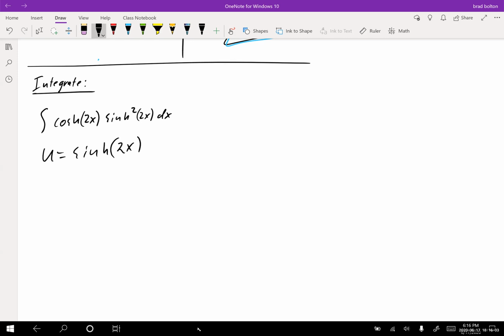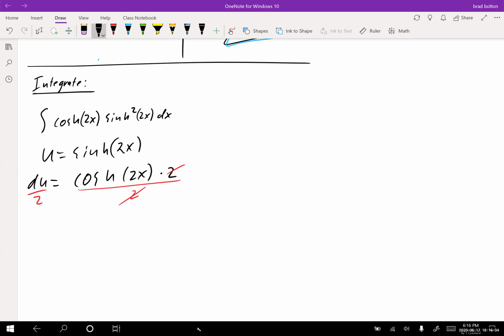Now the reason that I'm using sinh of 2x and not just 2x is because if I just let u be 2x, then I would have cosh of u times sinh squared of u. That doesn't really help me at all. So I know that u is equal to sinh of 2x, then the derivative of that would be cosh of 2x. So I'm thinking ahead of the game a little bit. So this would be cosh 2x and then times 2. So then I know that I've got to divide by my little 2 right here.